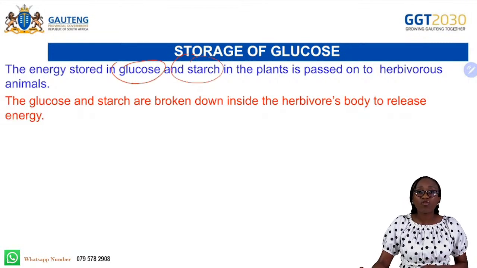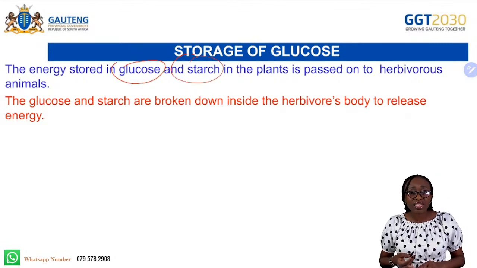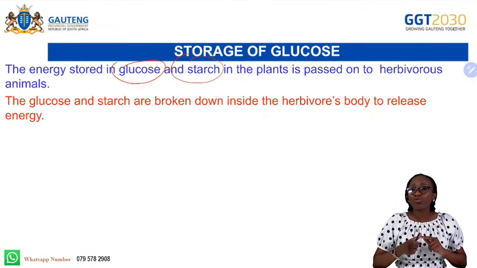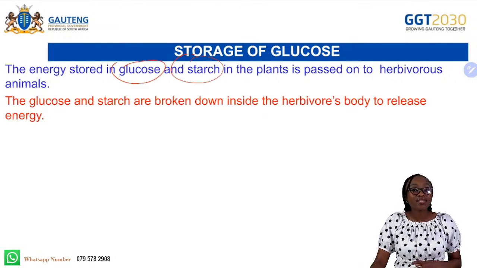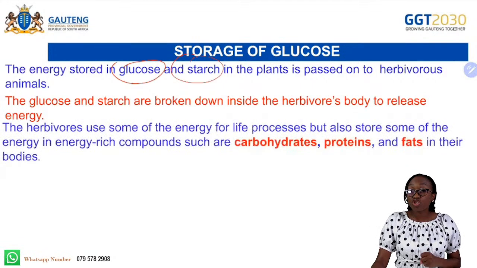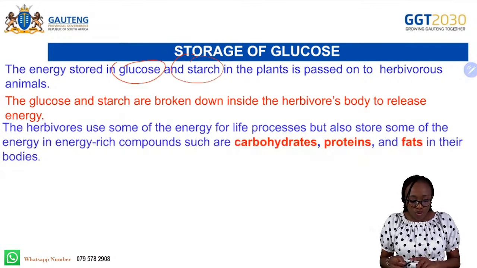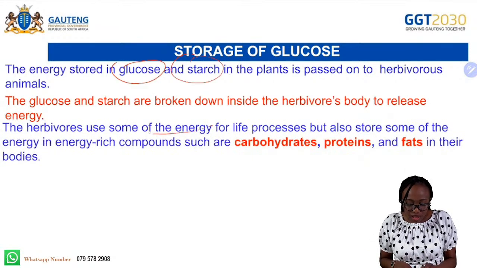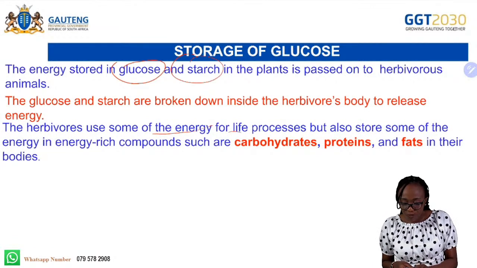So once the herbivore eats, whether it's the fruit of the plant, the seed, the stem, the leaf, or the root of the plant, then that herbivore can access, or can harness, the stored glucose and the stored starch. So then the herbivore will now use some of that energy that it got from eating the plant for life processes.